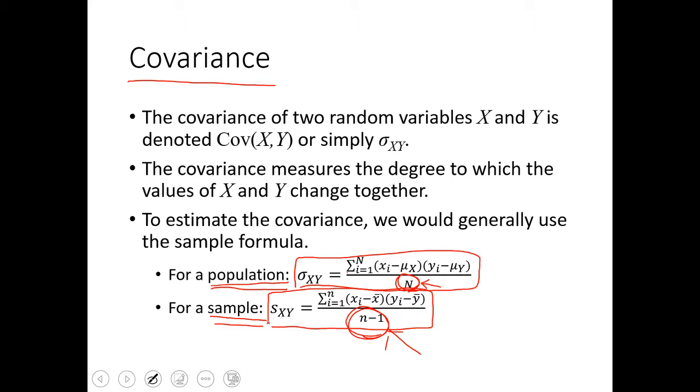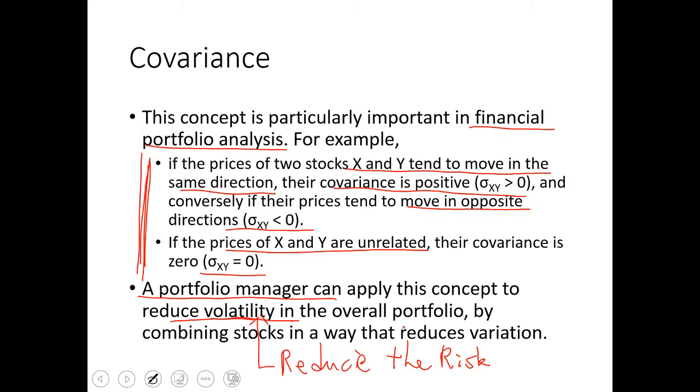The reason why we use n and n-1 for population and sample respectively is the same reason as we studied in variance. For population variance and sample variance, we have the same fact.